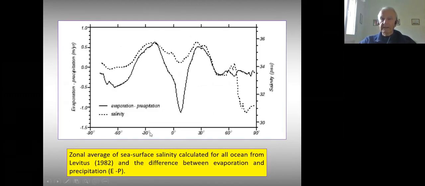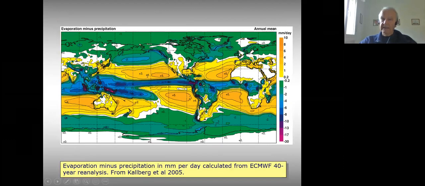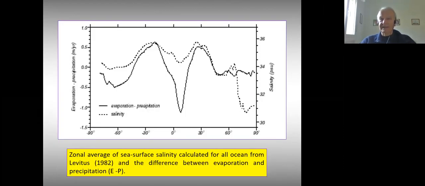Okay, so now let's see the salinity. What does salinity depend on? Salinity depends on the amount of water you add to the ocean, and on the water the ocean loses.